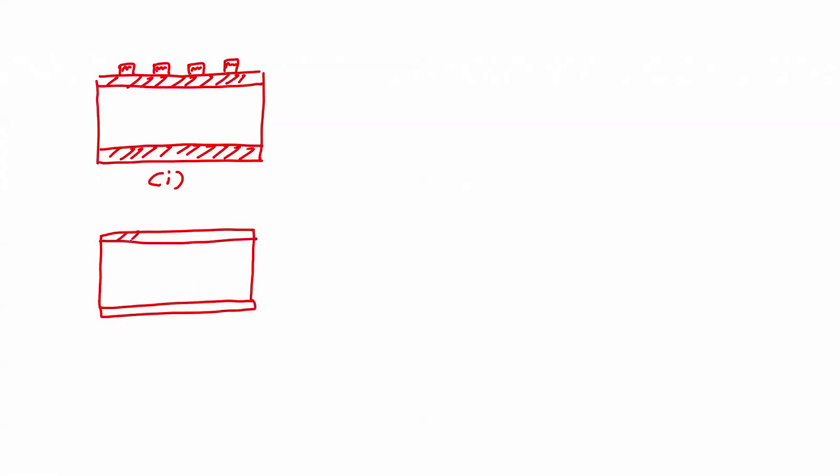So, we have this micro heater ready with us. This is our first substrate with micro heater. What is the next step? The next step is that we have to grow silicon dioxide on this micro heater. We have to grow silicon dioxide on the micro heater.